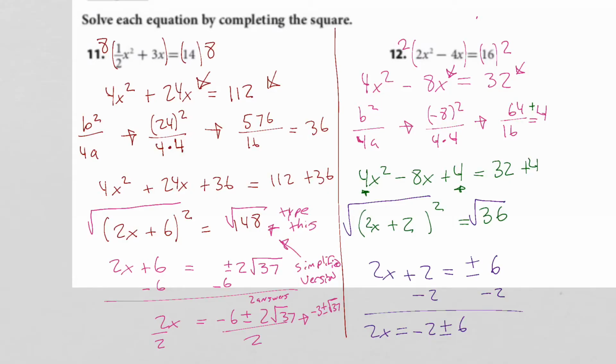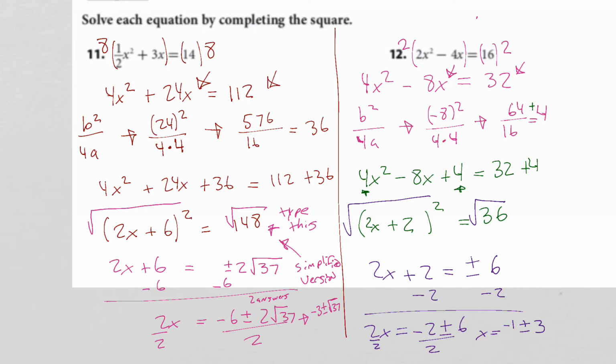And divide everything, oops, I hit the flip the page button. Divide everything by 2. You're going to get x is equal to basically a negative 1, because what's 2 divided by a negative 2? Negative 1. And what's 6 divided by 2? Plus or minus 3.